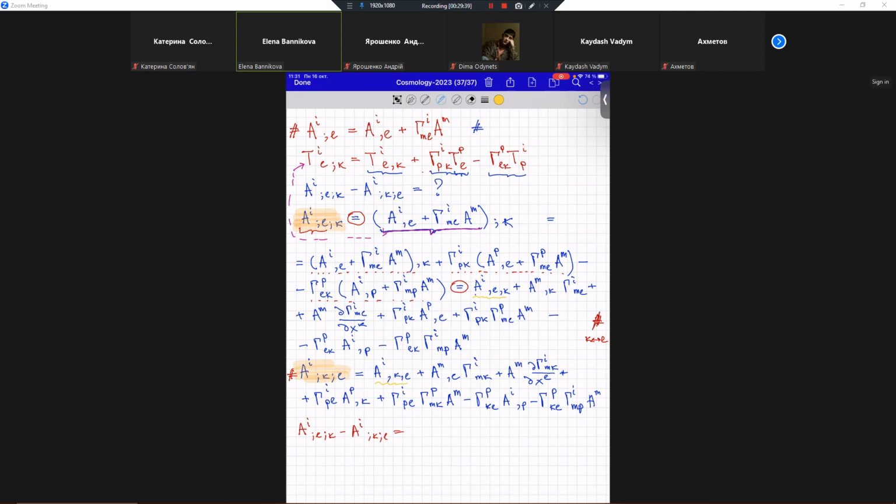This summand are the same or not? Same. The same. So we can kill it. Now consider the second summand, this one. And let's find, can we find here in the second expression the same summand?